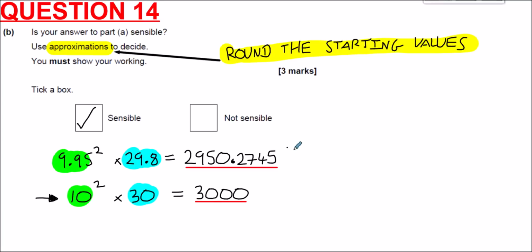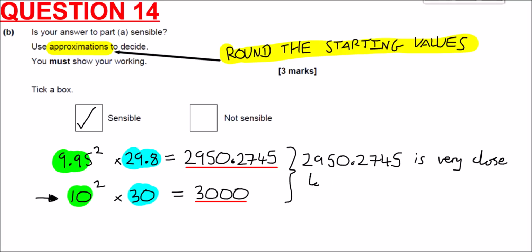If you compare these two, then this should clearly show why the answer is sensible. 2950.2745 is very close to 3,000.